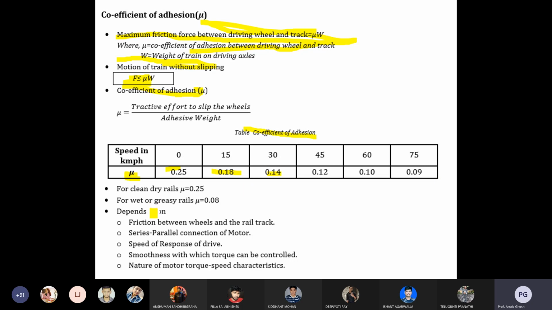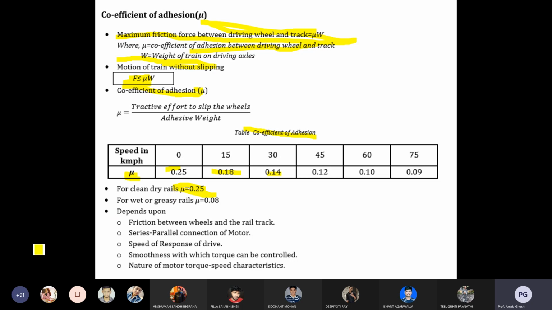You can also get a similar type of thing for different conditions. For clean, dry rail, you can make it 0.25. So how much you are maintaining the track also gives a lower value. If the values are not so convincing, you have to think about alternative options.